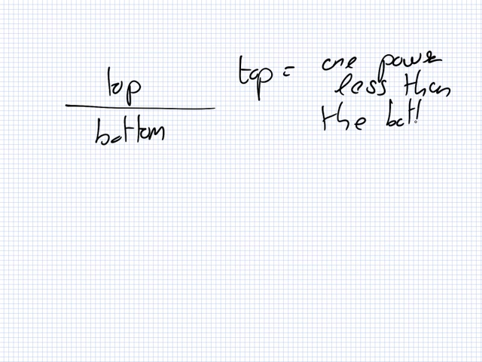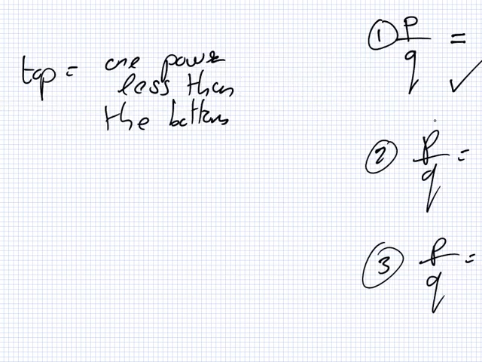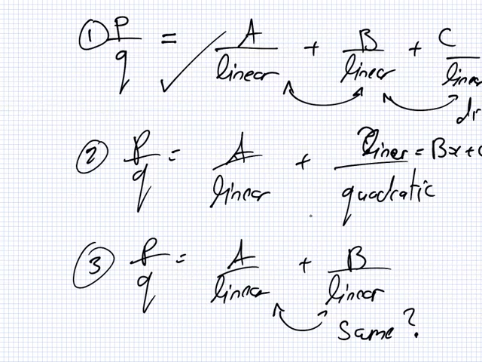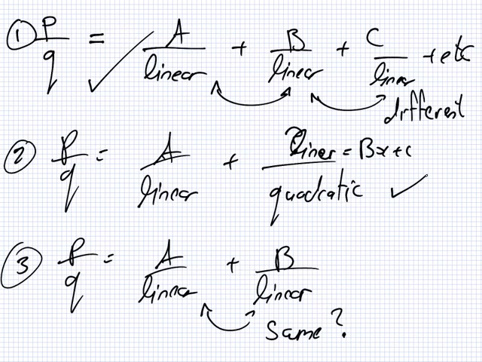So for example, if the bottom is linear, then what's before linear? Constant on the top. If the bottom is a quadratic, then linear. And if it's a cubic, then the top is a quadratic, obviously. Okay, so that's one guideline. So that takes care of number 2.